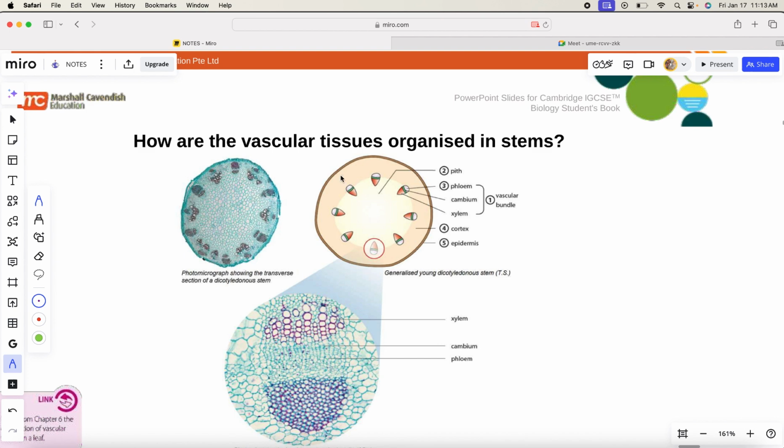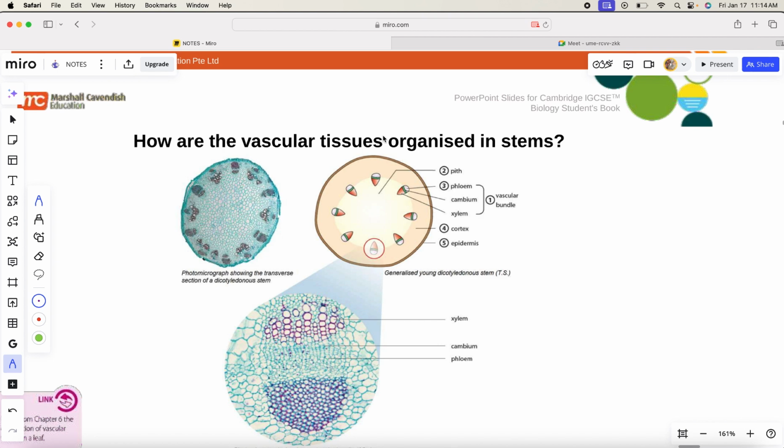Then this outer layer is called the epidermis. This lightish one is called the pith. Is that okay?